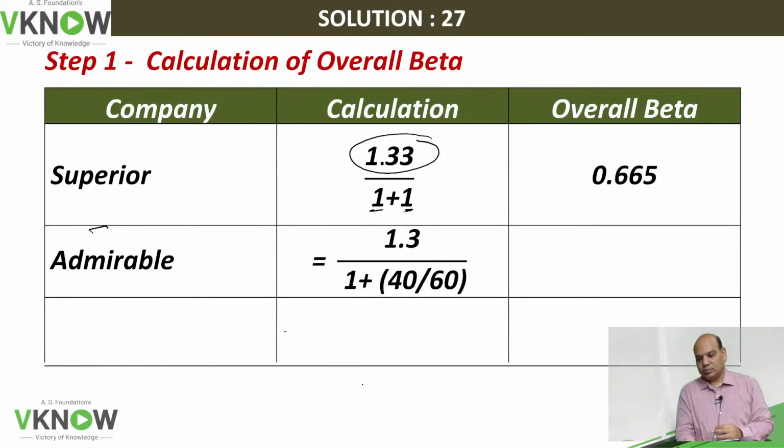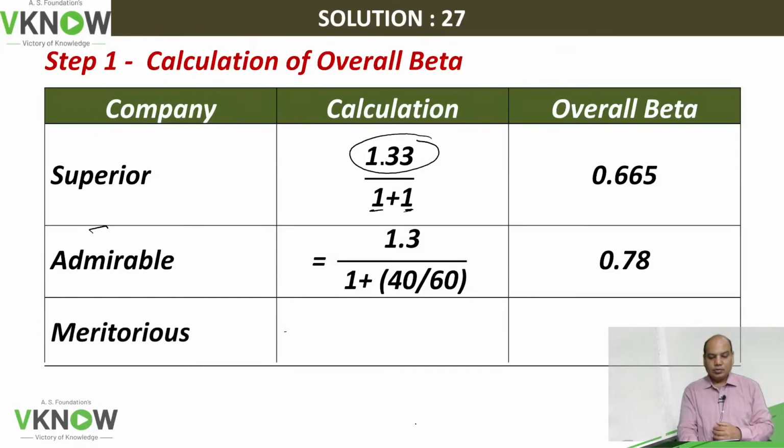Overall beta, after solving it, you will get 0.78. Check the answer. Is 0.78 right?